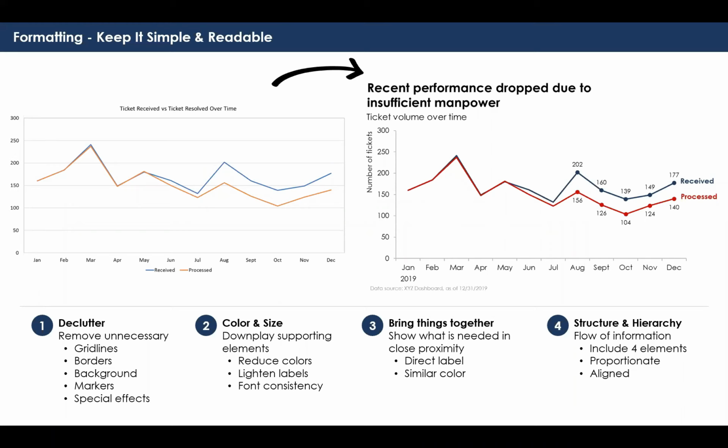Right, so the four steps that we have established, let's recap. The first is to declutter. Declutter here, we remove those unnecessary grid lines, borders, background, markers, and special effects. The second step is color and size, to downplay what is supporting role, reduce the color, lighten the labels, and make your font consistent.